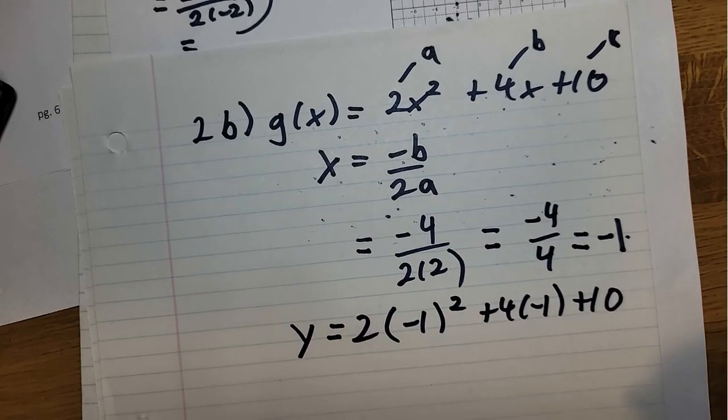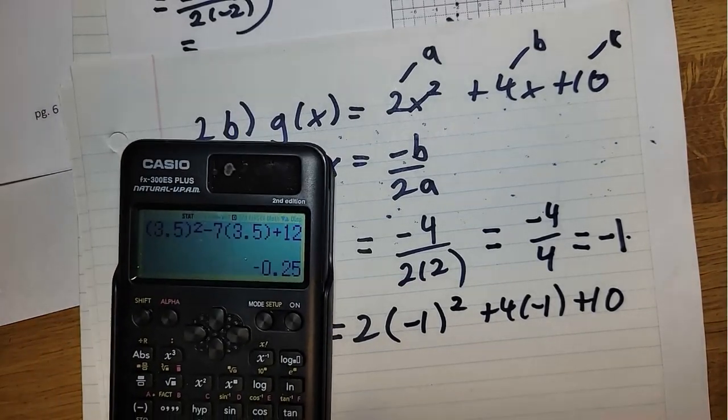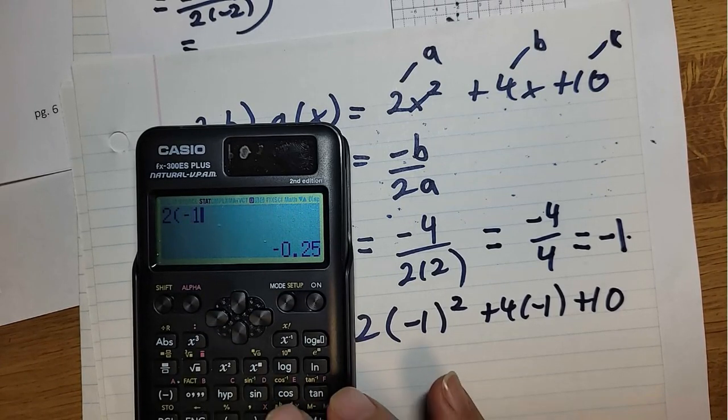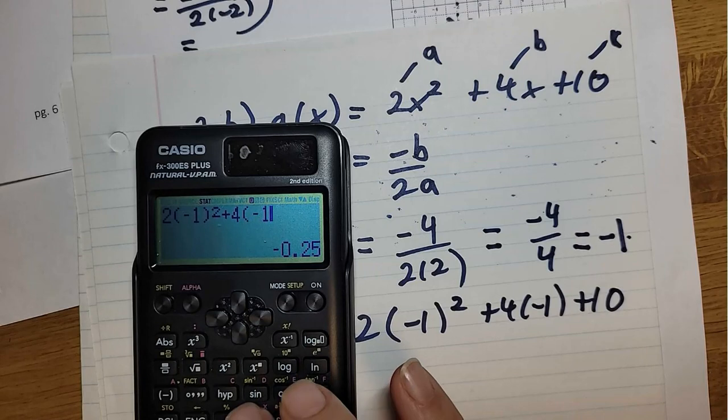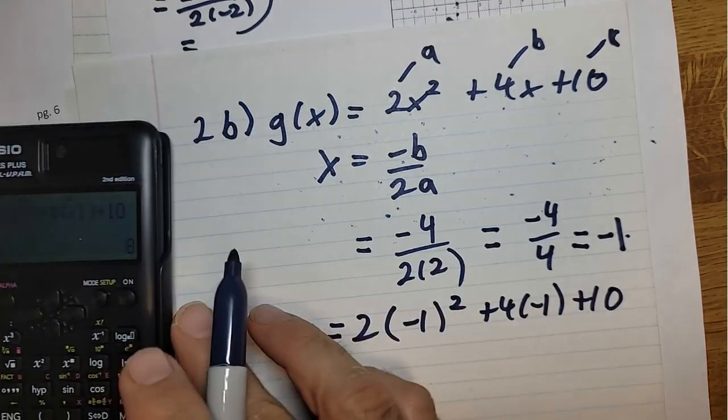If you want to do all the work, you can, or you can get your handy-dandy calculator. 2 bracket negative 1 squared plus 4 bracket negative 1 plus 10 equals 8. So we got 8 for y.